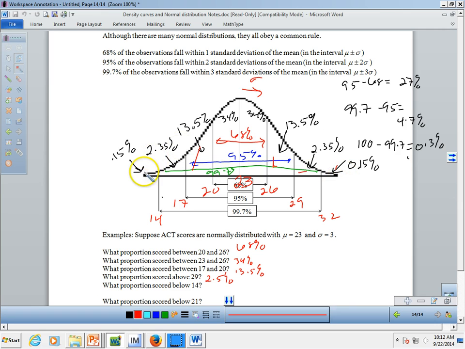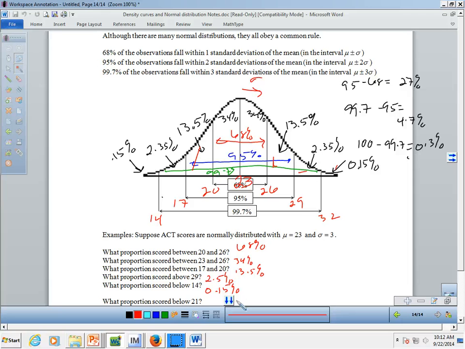But I only want less than, and so half of 0.3% is 0.15%, which is exactly what we have written above this interval from before. So 0.15% of all ACT test takers scored below a 14, right?